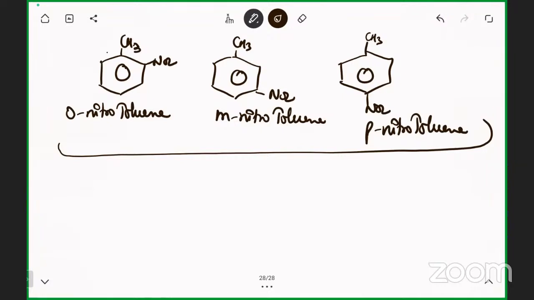Such isomers are position isomers, and the phenomenon is called position isomerism.